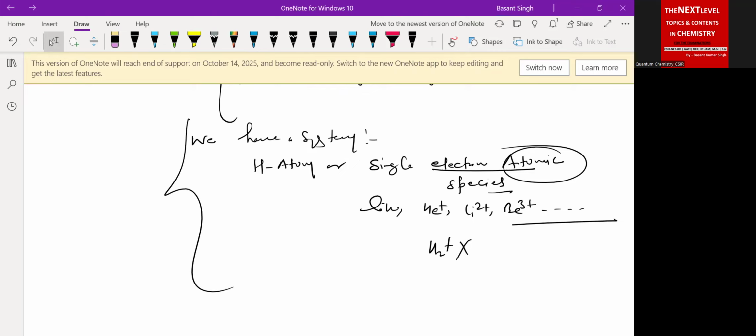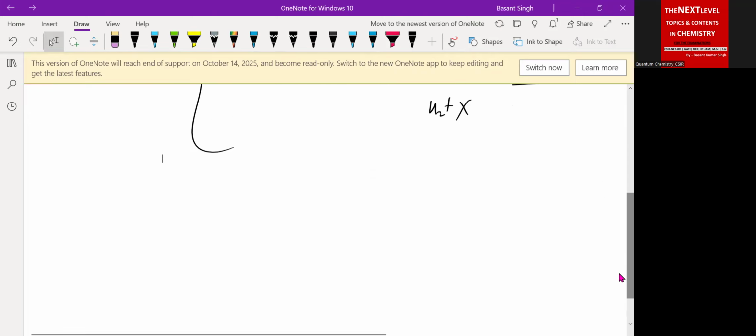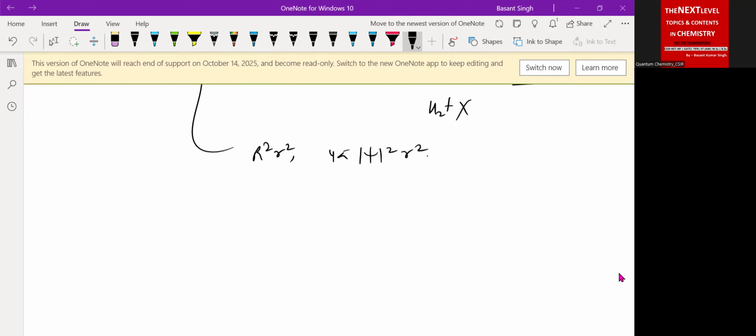Okay. Then for the radial probability distribution function, the expressions in various textbooks are written as R square, somewhere written as 4 pi mod psi square r square, somewhere 4 pi r square, and in some books psi square r square.